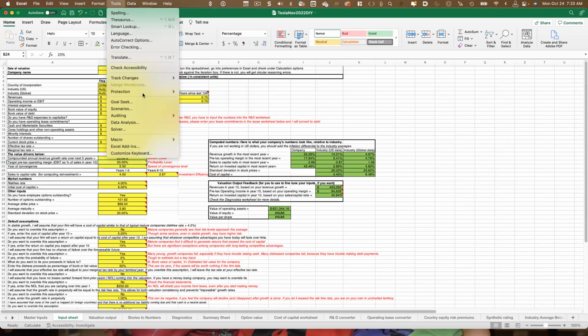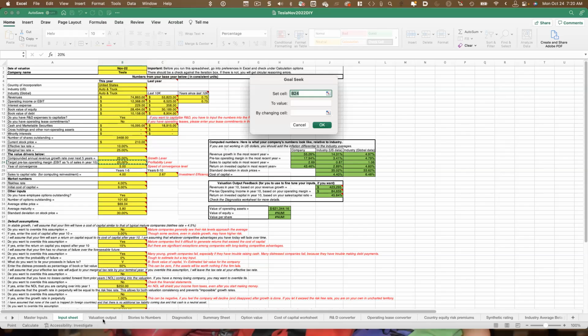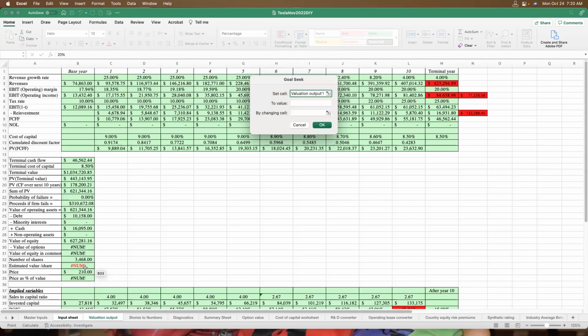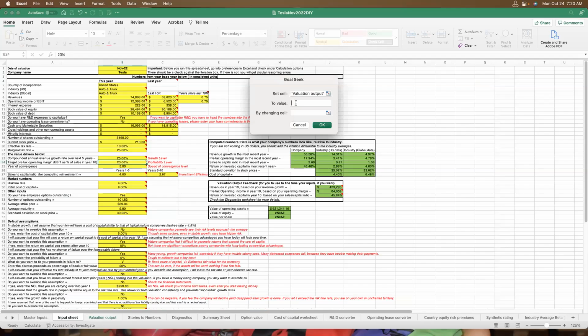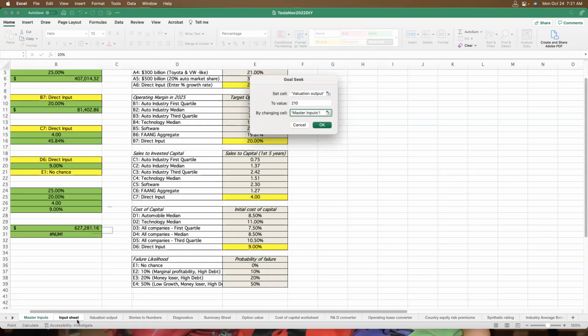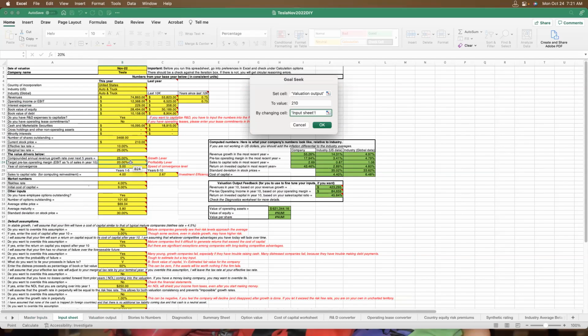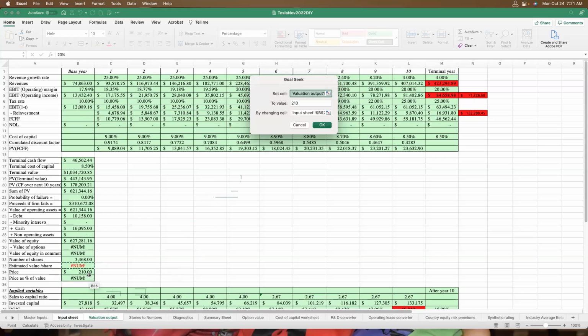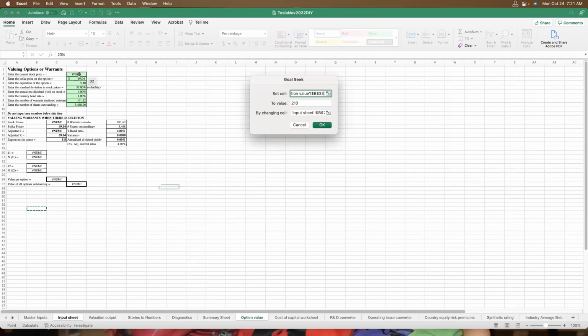Let's see if it's a system-wide problem, because I just checked this before I got on, it was working. I know exactly what's going on. Let me change this off.